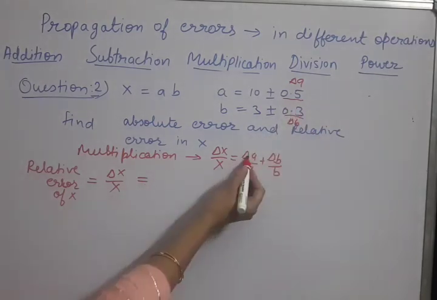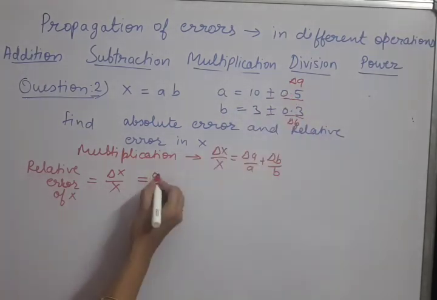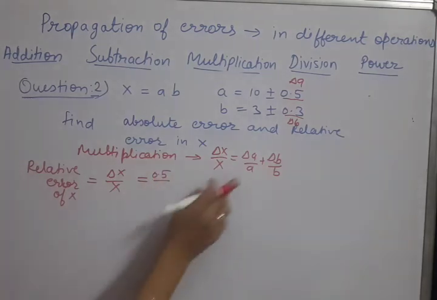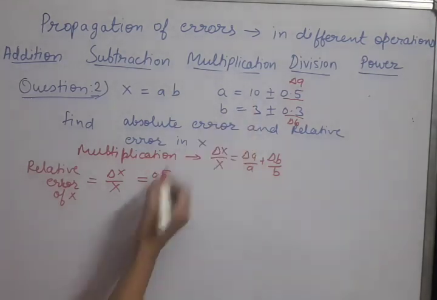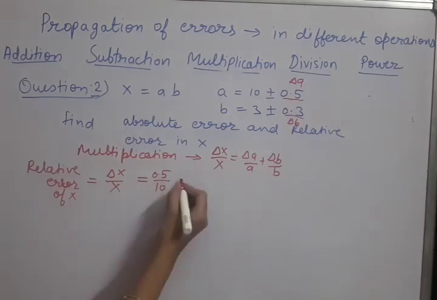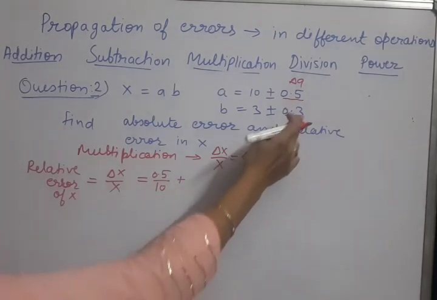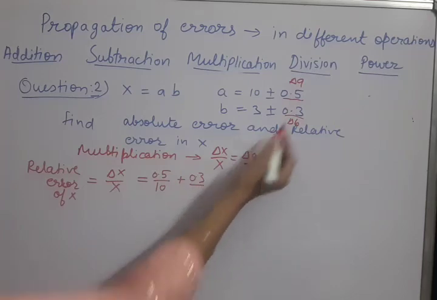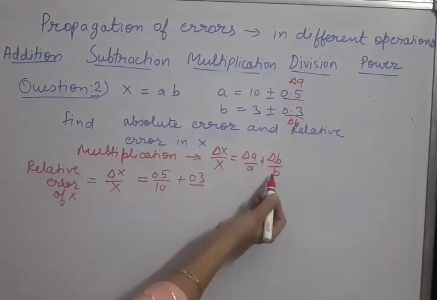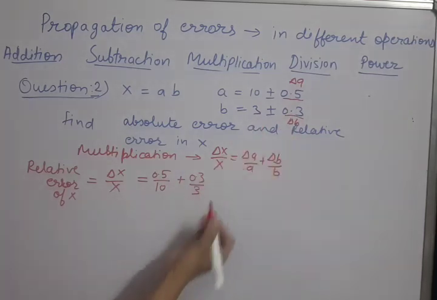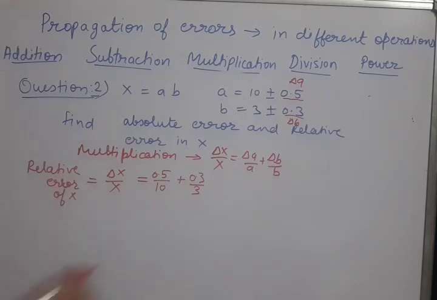Let us put in place of delta a 0.5, upon a means 10, in place of delta b we will put 0.3 and b is 3. I think you have understood. After that, you try to solve these expressions individually. It will be easy for you.